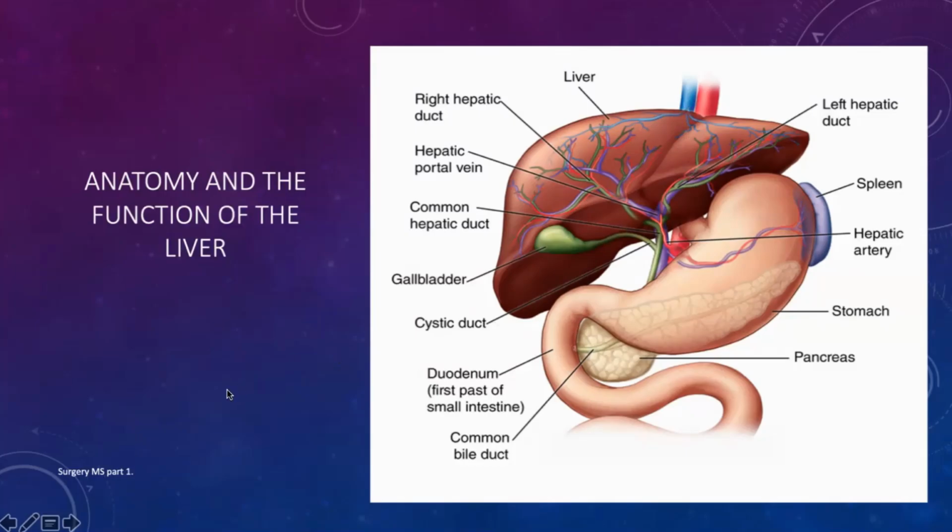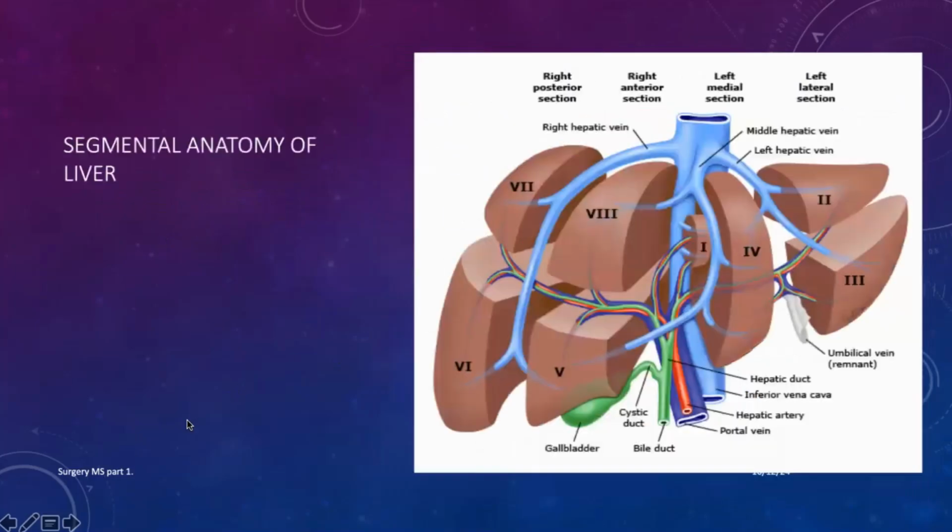Let's move on to see how this relates to the function. There is a segmental anatomy, as you all know. Segment 1 is hiding behind, and then we have segments 2 and 3 on the left side, and segment 4, 4A and 4B. All these segments receive a separate blood supply, and segments 5, 6, 7, 8 are arranged in a clockwise fashion.